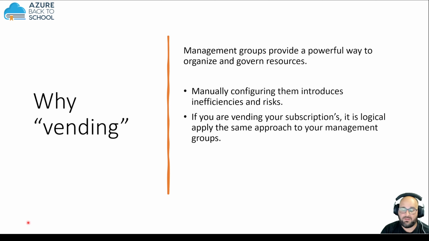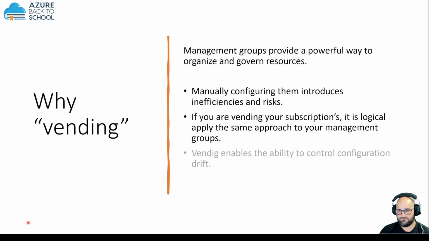And if you're already vending your subscriptions, which you should do, please do this. If you haven't done so, focus on getting there. It's one of the core components of automating your cloud environment. But if you do, it's a logical step to apply the same process. It will marry both of them easier, and they will profit from each other, both vending strategies.